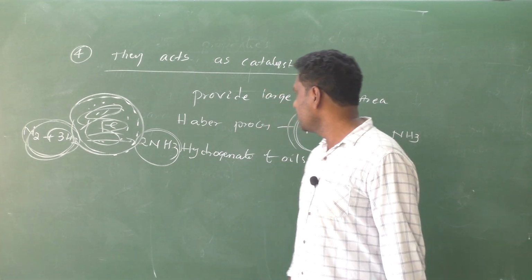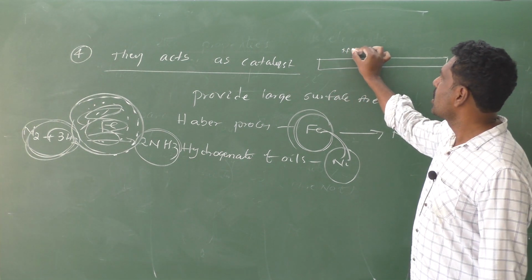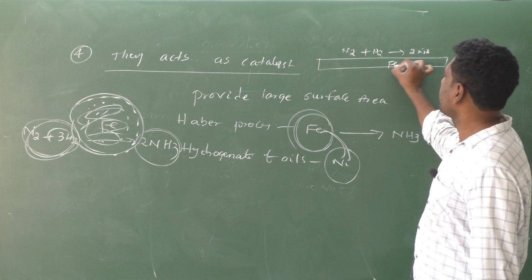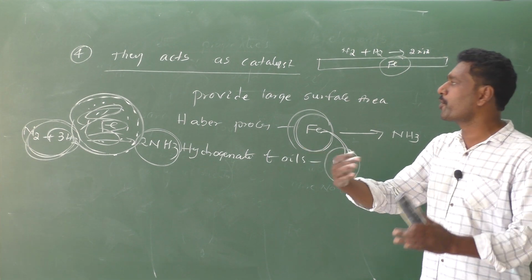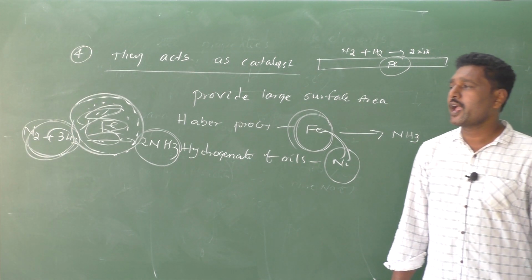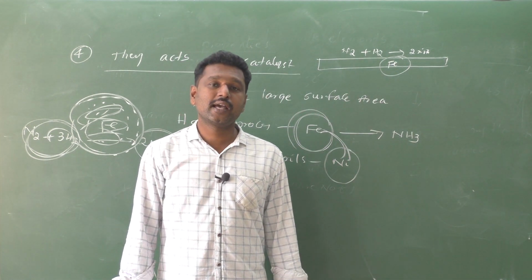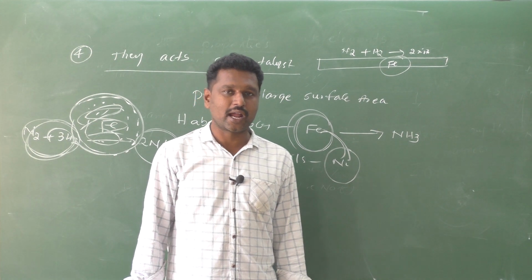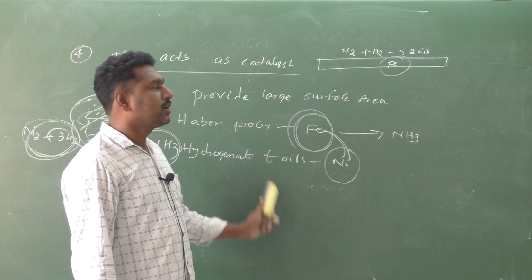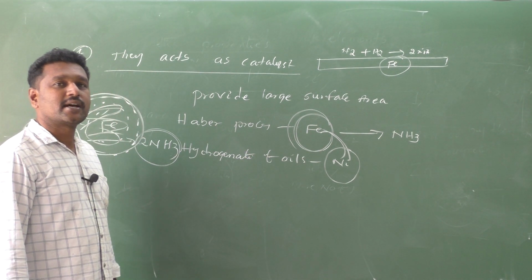On the iron surface, nitrogen and hydrogen react and form ammonia. Because of its large surface area, iron can act as a catalyst. So it is also one of the important transition properties of d block elements. D block elements act as catalysts.